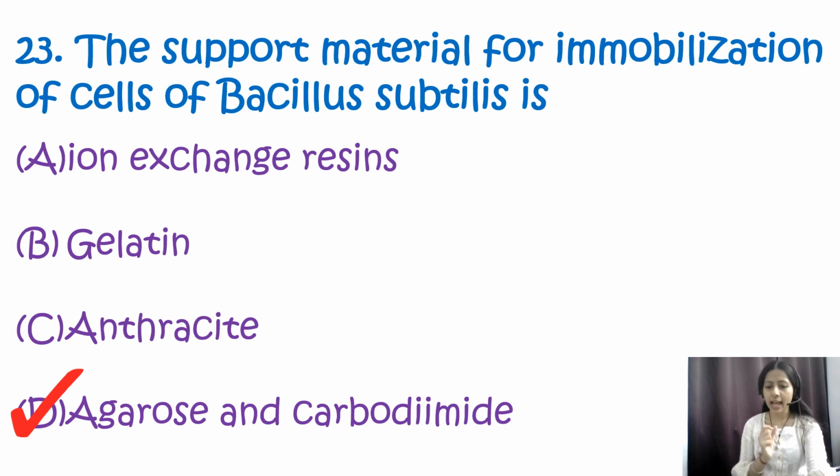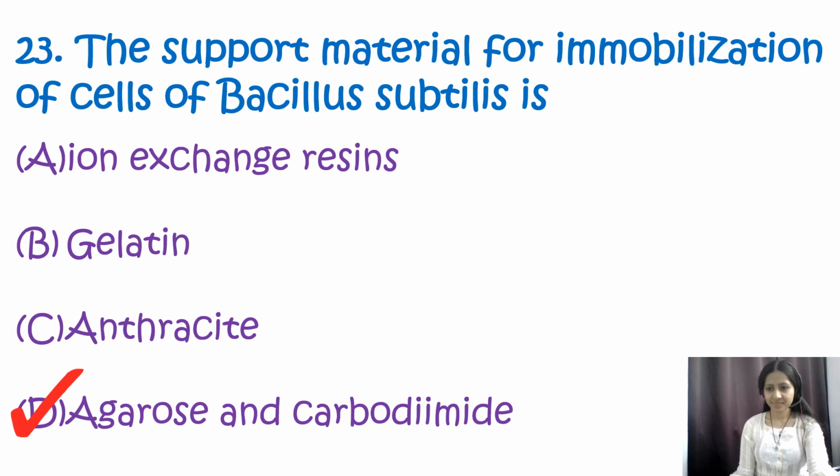Agarose is a polysaccharide derived from seaweed, and it is commonly used for the support matrix due to its biocompatibility and its ability to form a gel. Carbodiimide is a chemical compound often used to cross-link the agarose matrix and the cells. It provides stability to immobilize the cells. So the correct option over here is D, that is agarose and carbodiimide.